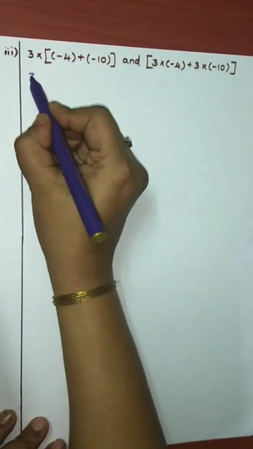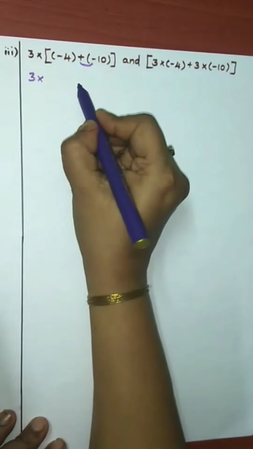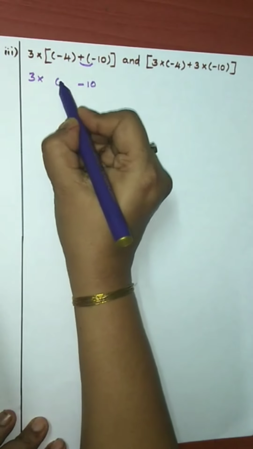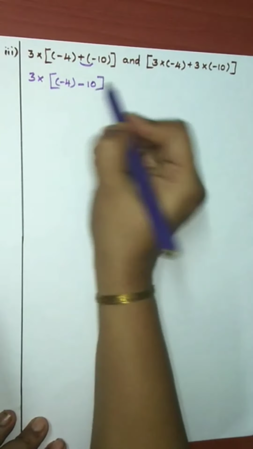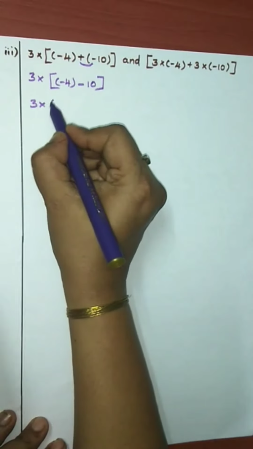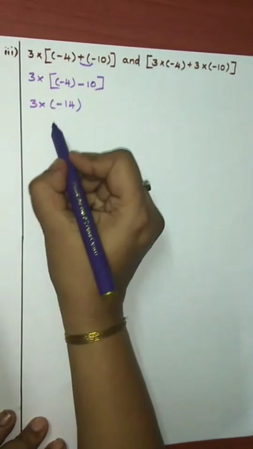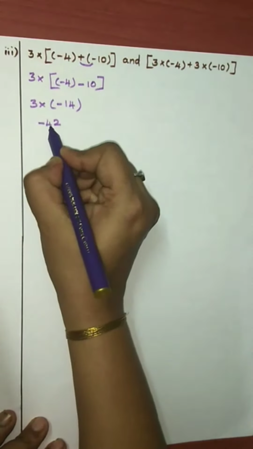Left side, 3 into plus into minus, minus 10 minus 4. Put it inside the bracket. So 3 into minus 4 minus 10, minus 14. Multiply 3 into minus 14, minus 42.